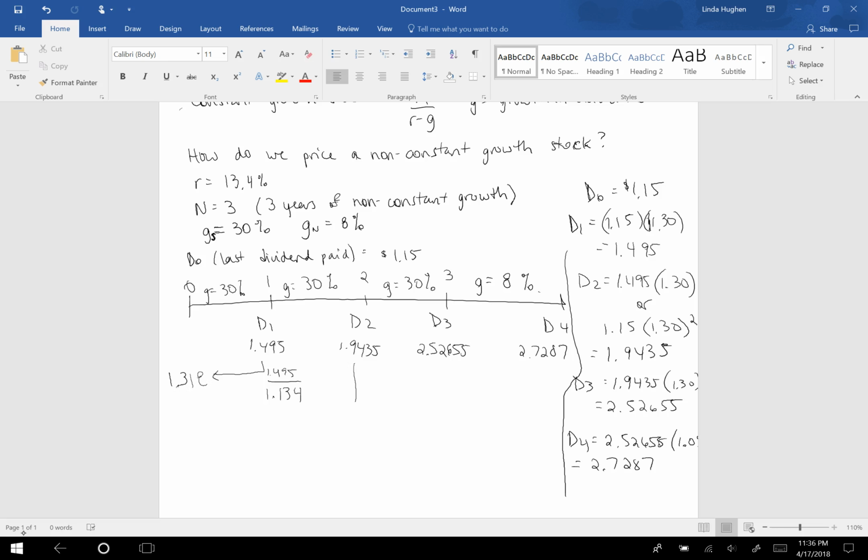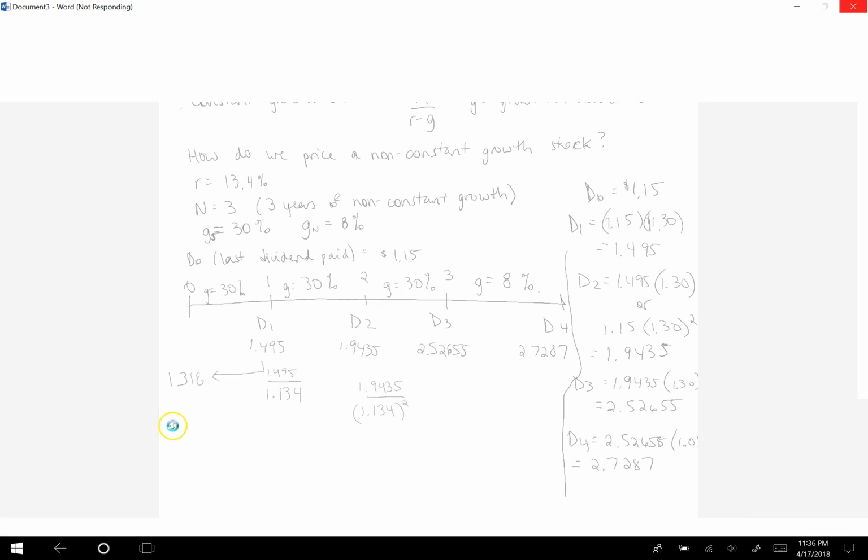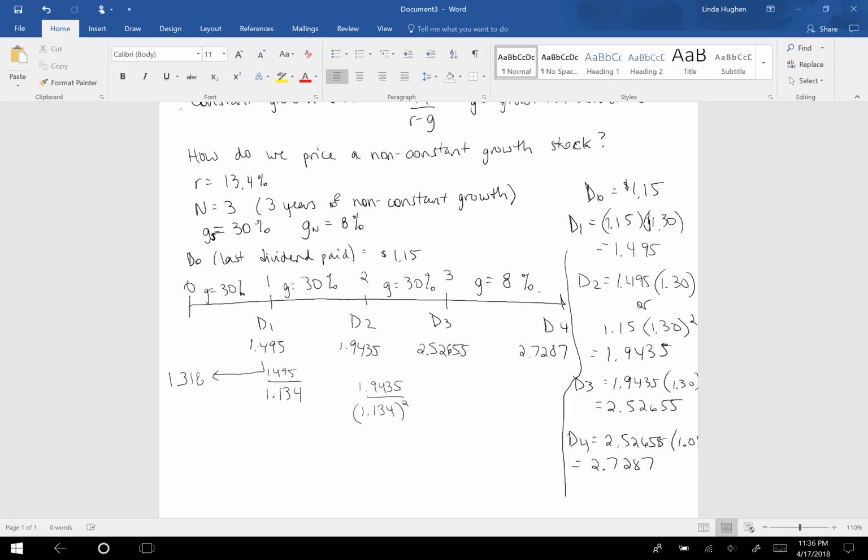Present value of this second dividend, 1.9435 divided by 1 plus the required return, discounted 2 periods. This is going to work out to be 1.5113.